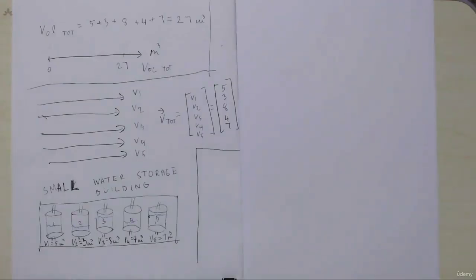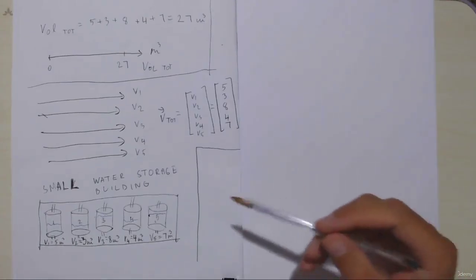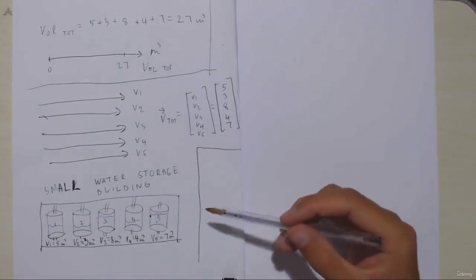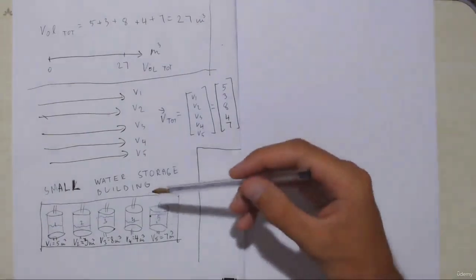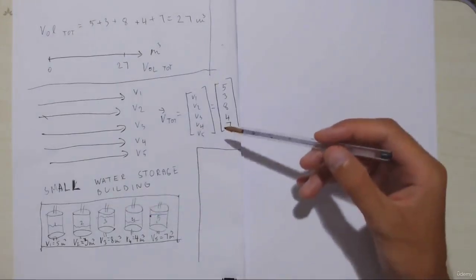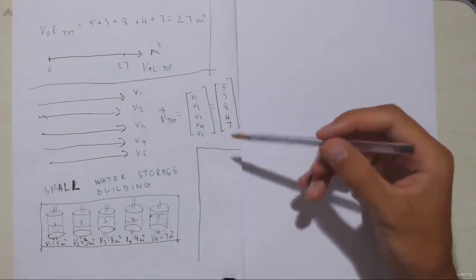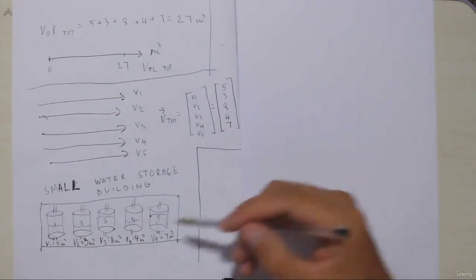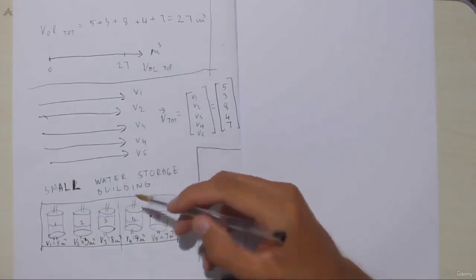Welcome back. So I would like to talk a little bit more about how to graph vectors. I have put this previous example about the water storage building, where we had 5 tanks and ended up with a 5-dimensional vector. Now, how would you graph a 5-dimensional vector? Well, if you only had 3 tanks, then you could do it.